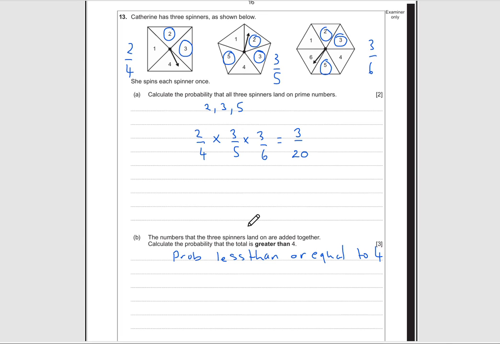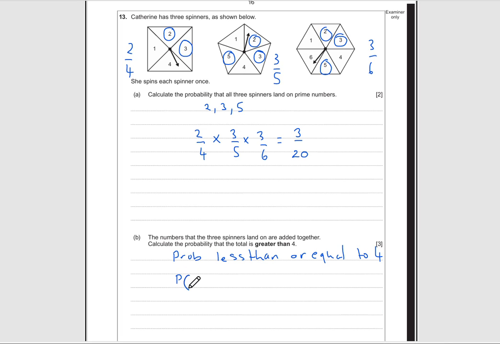And then we know that total probability adds up to 1. So if we can work this out, which we can a lot more easily, we can subtract that from 1. Okay, so let's think about what options there are where it's going to add up to 4 or less.